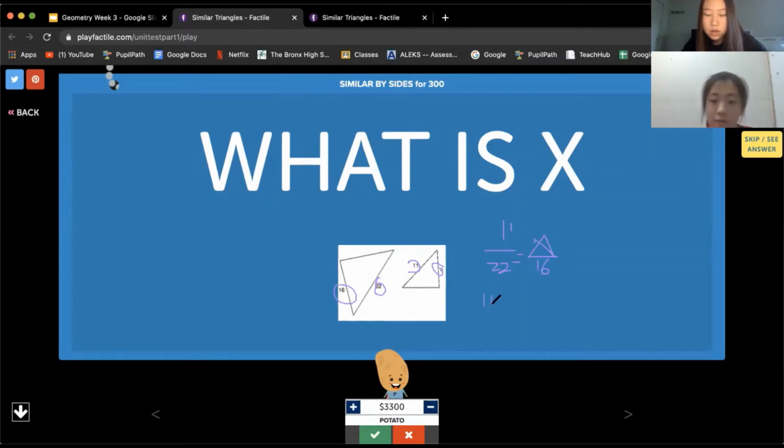So 11 times 16 equals 176, equals 22x, which is also equal to 176. Divided by 22, you get x equals 8. This line here equals 8.